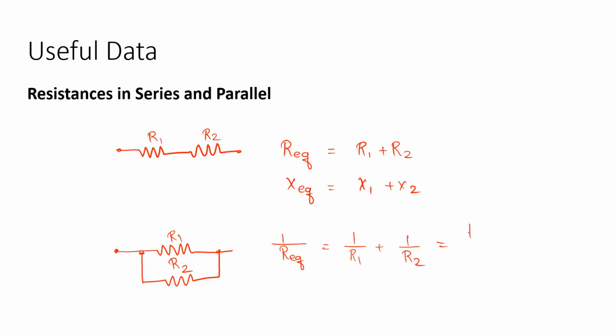This can be simplified as R2 plus R1 divided by R1 R2. Similarly, when we have two impedances in parallel, the equivalent impedance is given by X2 plus X1 divided by X1 into X2. Let's make use of these two pieces of information to solve this problem.